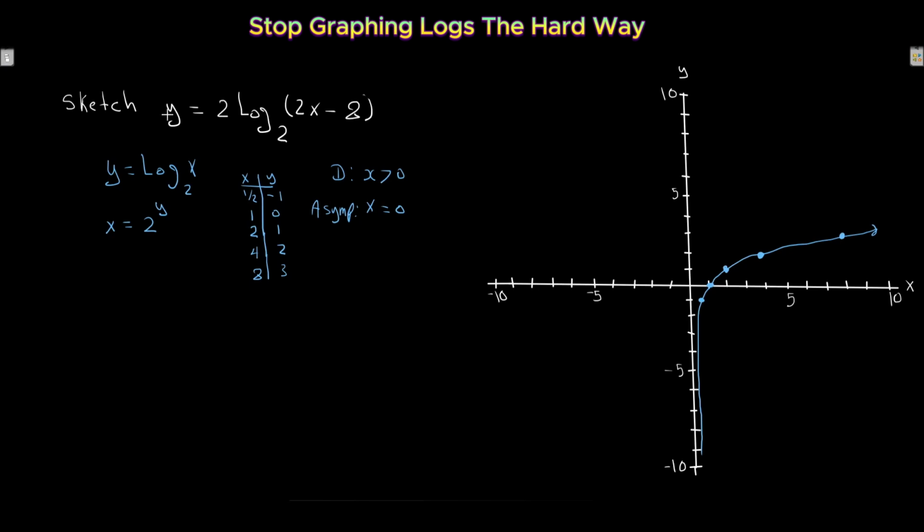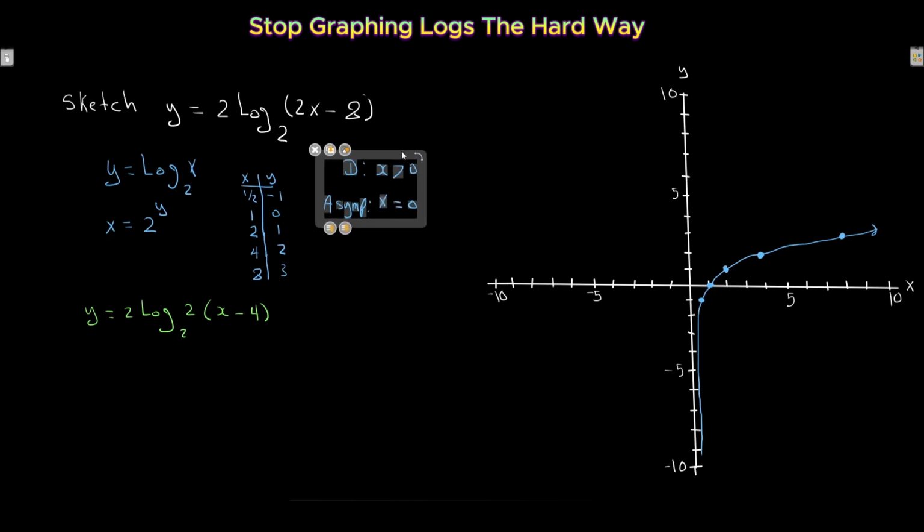The first thing is I'm going to rewrite this as y equals 2 log base 2 of (2x minus 8). I'm going to factor out the 2 from the 2x minus 8, and I'm going to get 2 times (x minus 4). Just going to move this here.